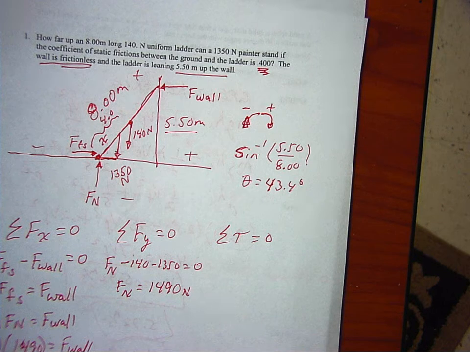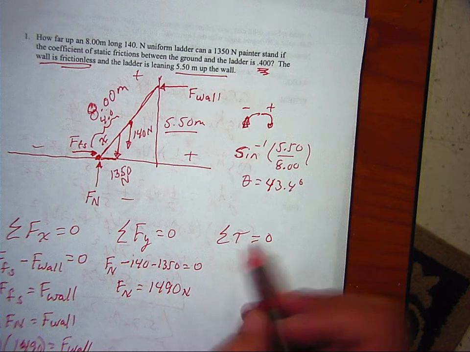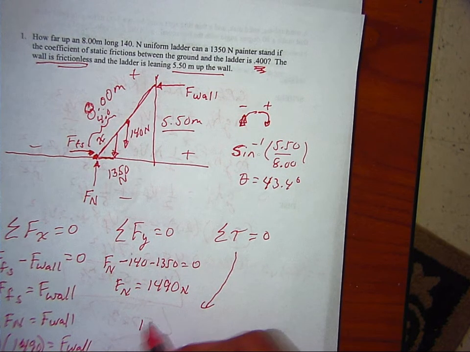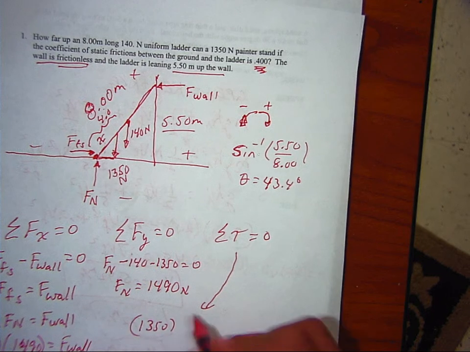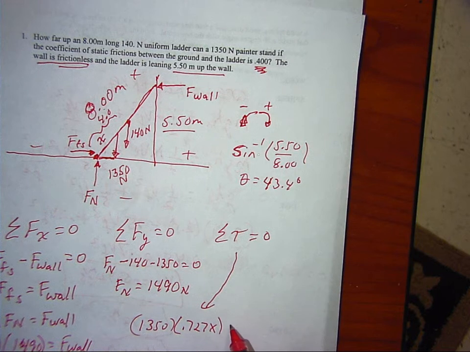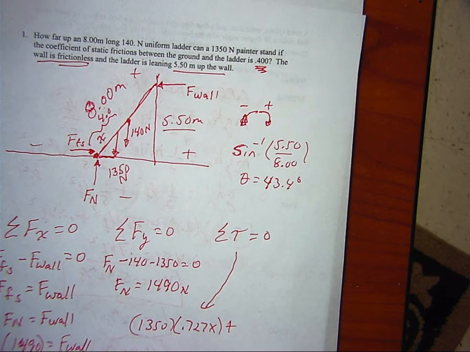X. That's his distance. So the torque from the painter is going to be 1350 times 0.72x, plus, okay, the ladder.